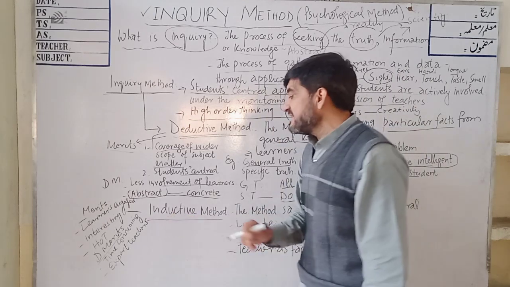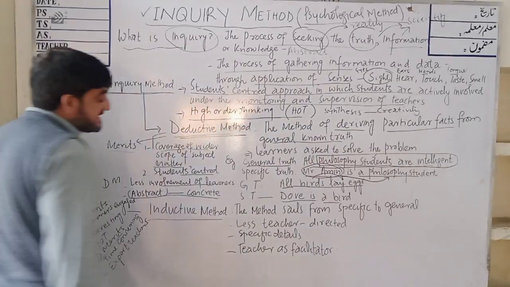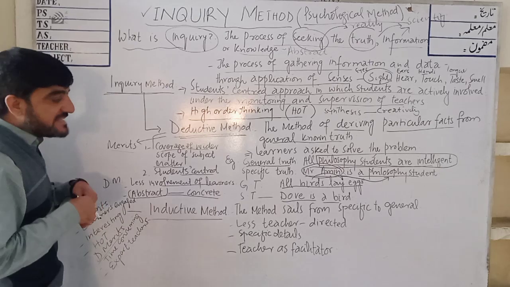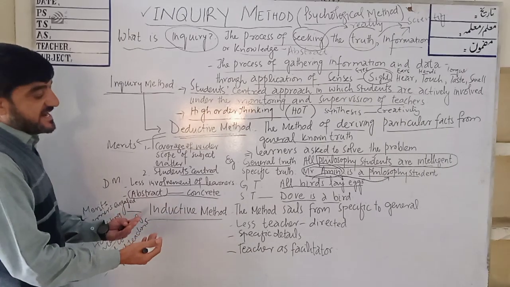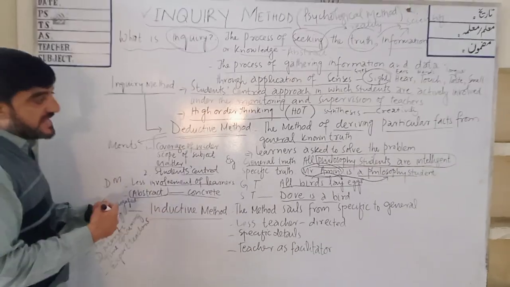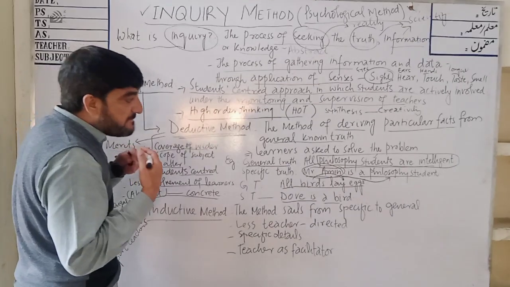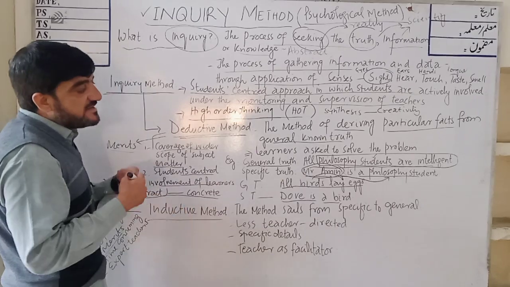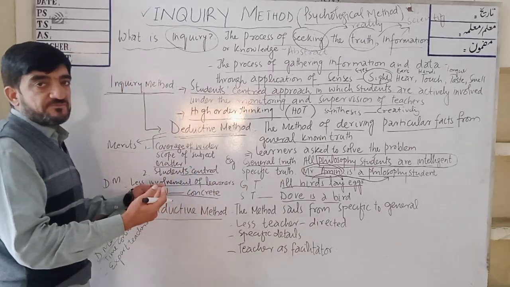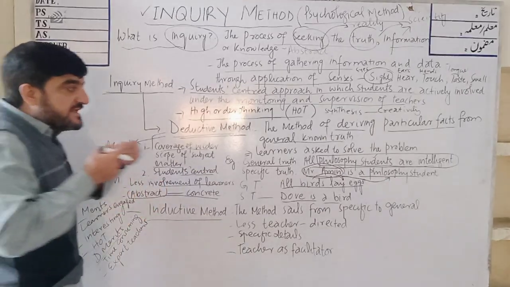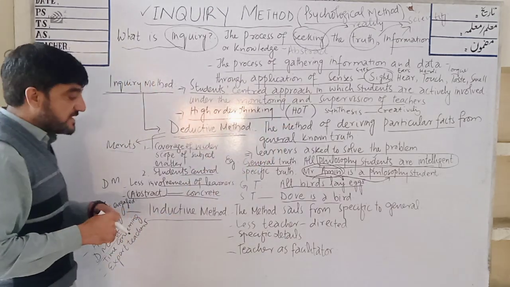Then the second method is known as inductive method. Inductive method is the opposite of deductive method. In deductive method, the journey starts from general and ends with particular, meaning the traveling is from general to particular.